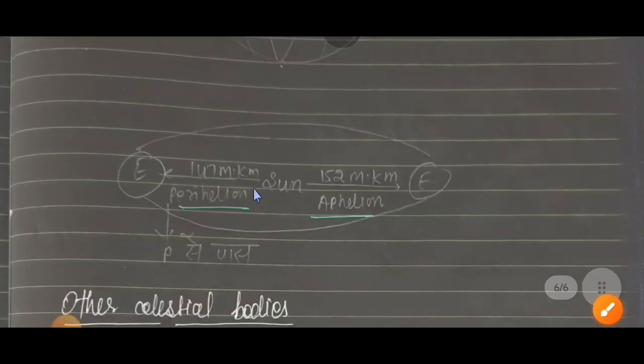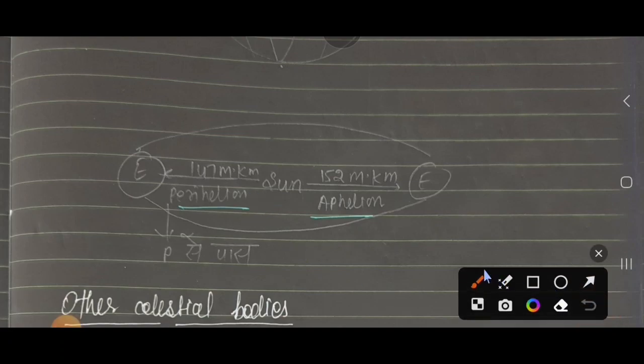Now let's study important terms related to our Earth: perihelion and aphelion. Perihelion is when the distance between the Sun and the Earth is minimum. When the distance between the Earth and the Sun is maximum, it is called aphelion.